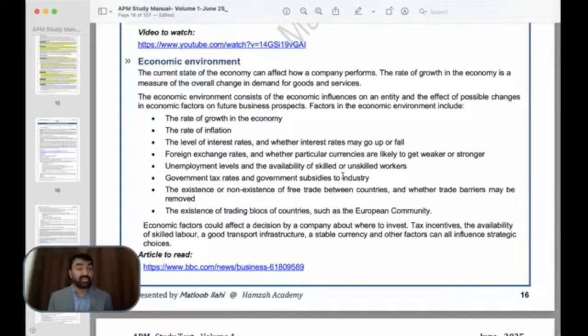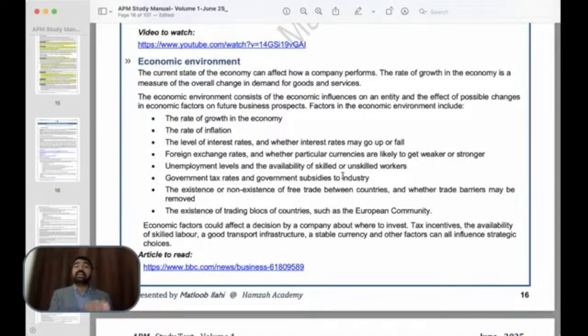But now look at the other side. When there is poor economic activity, when there is a recession going on, for example, we can see in many parts of the world, especially in Europe, you might have heard how the German economy and the British economy are experiencing a kind of recession.